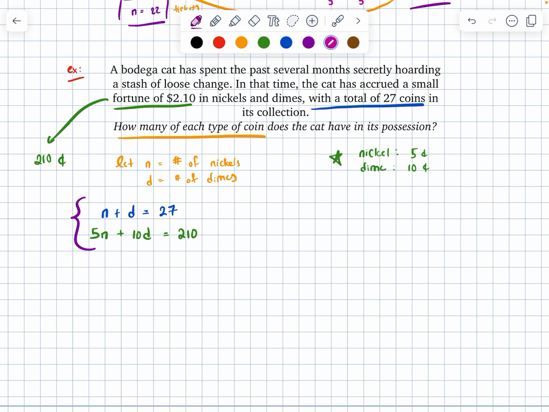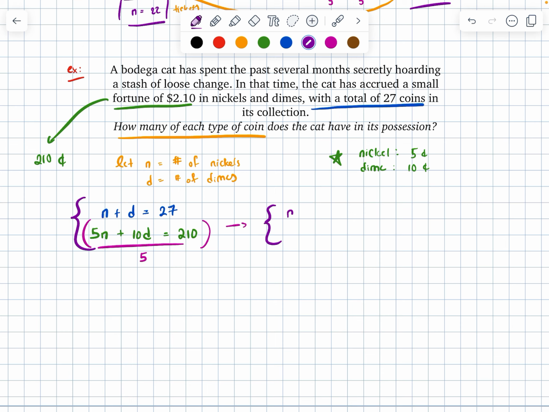Would you look at that? There's a system that we can solve. I'm going to choose to solve this one using elimination, because last time we did substitution. So from here, I'm going to take, in a controversial twist, my bottom equation. I don't need to multiply. What if I take this entire bottom equation and divide it by 5?